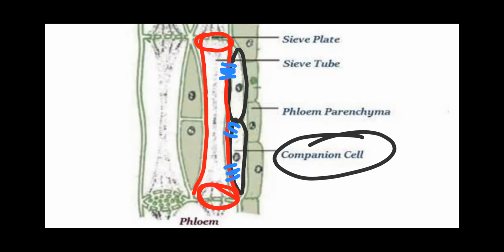So pores of both sides are arranged in such a way that cytoplasm from the companion cell can pass into the sieve tube element. ये एक sieve tube नहीं है, ये एक sieve tube element है. बहुत सारे sieve tube elements एक दूसरे के ऊपर अरेंज होके sieve tube फॉर्म करेंगे. This arrangement will help in maintaining the pressure gradient in the case of sieve tube, due to which transportation will occur in the sieve tube.